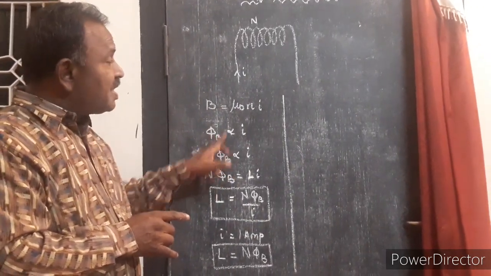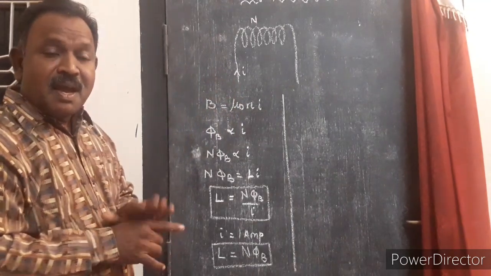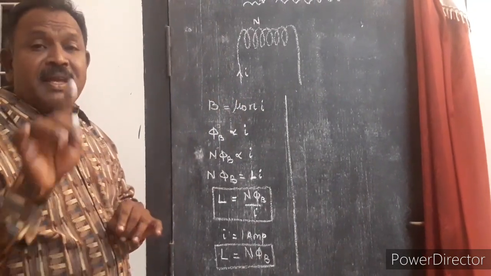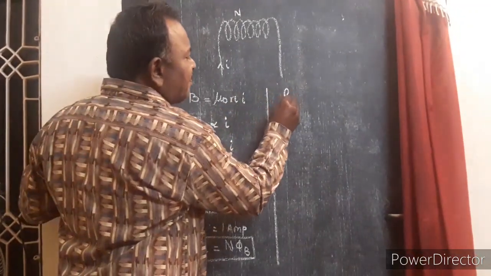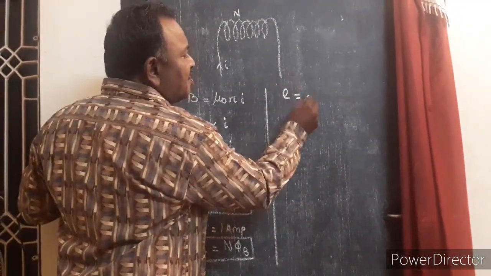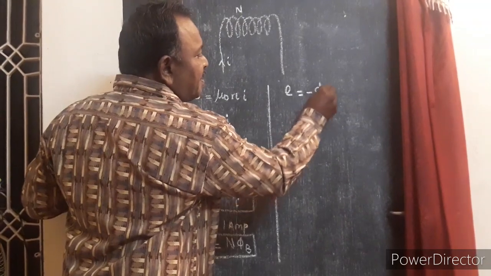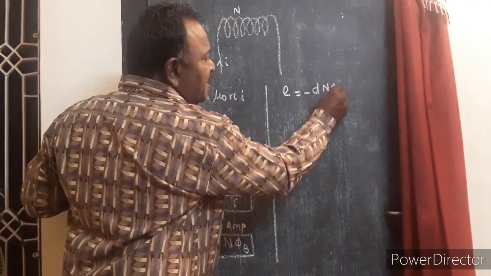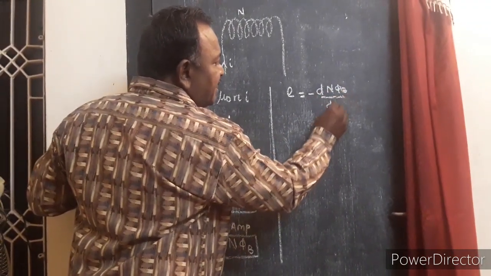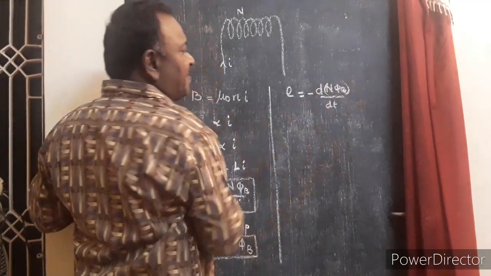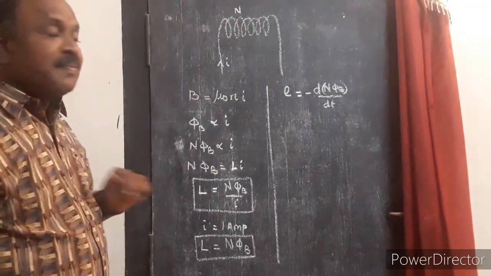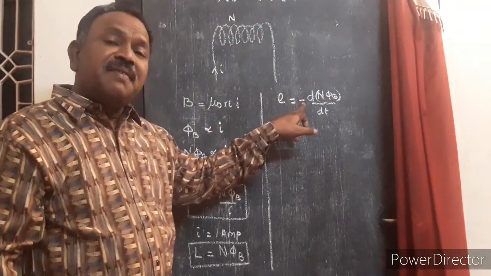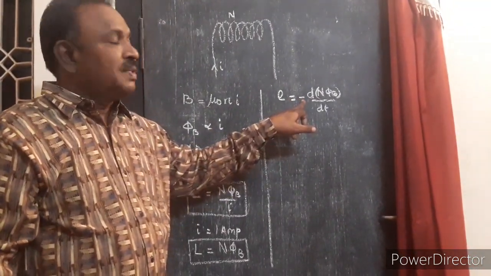Whenever magnetic flux linked with the coil changes, as per Faraday, an EMF is induced. So the induced EMF is given by E equals minus d(N phi B) by dt. So induced EMF is equal to the rate of change of magnetic flux. This negative sign is the significance of Lenz's law.